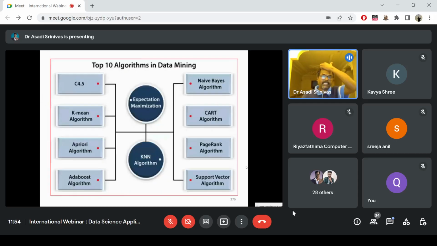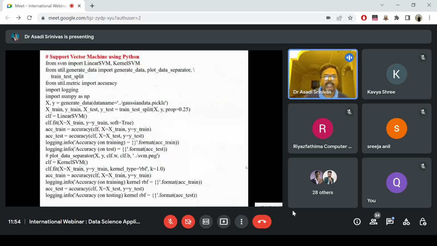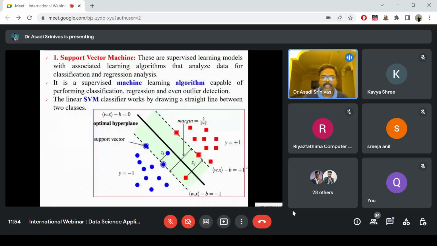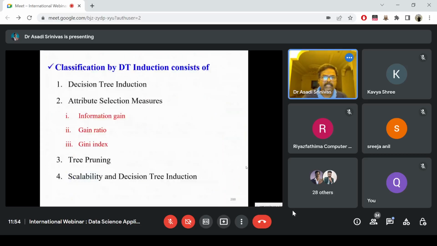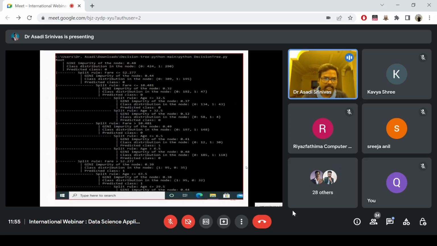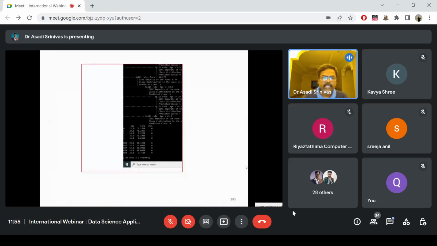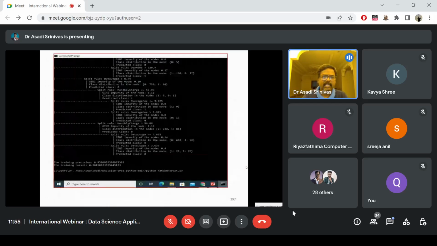So in data mining, I have demonstrated various algorithms and applications. This one, support vector machine using Python, I have just shown. Decision tree, I'm going to demonstrate a decision tree also. See here, everything I kept in the PPT. Random forest, I have executed the random forest algorithm.